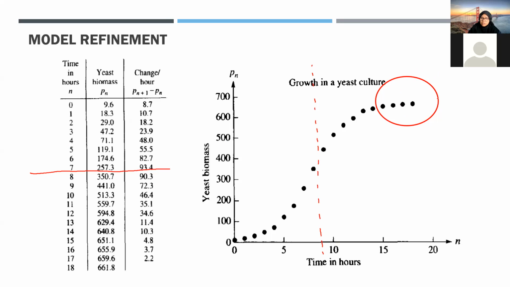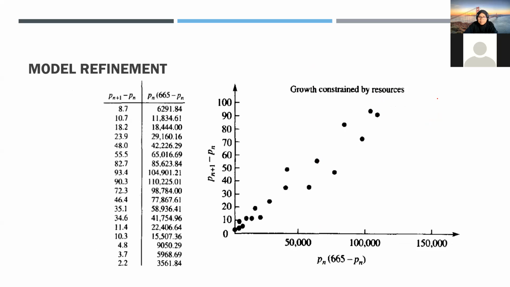So bila ada maklumat yang baru ni, maklumat yang terbaru dia kata apa? It will be an increase and somehow it will be a decrease, a small decrease. And then it will be a flat line or maybe a decrease another one. Okay. Why? Because this is constrained. The growth is constrained by the resources.